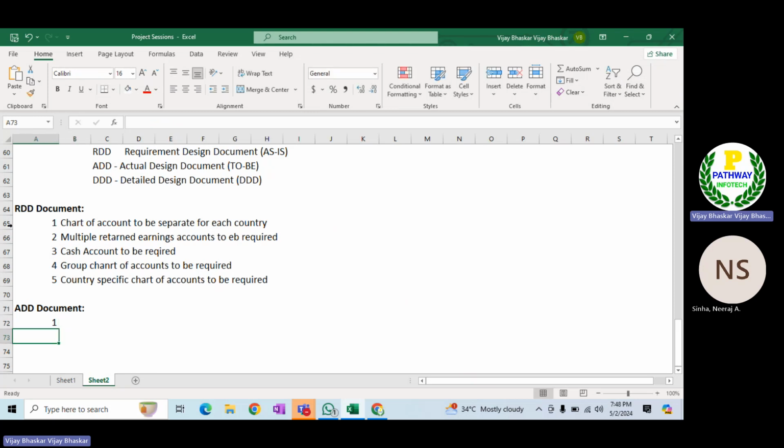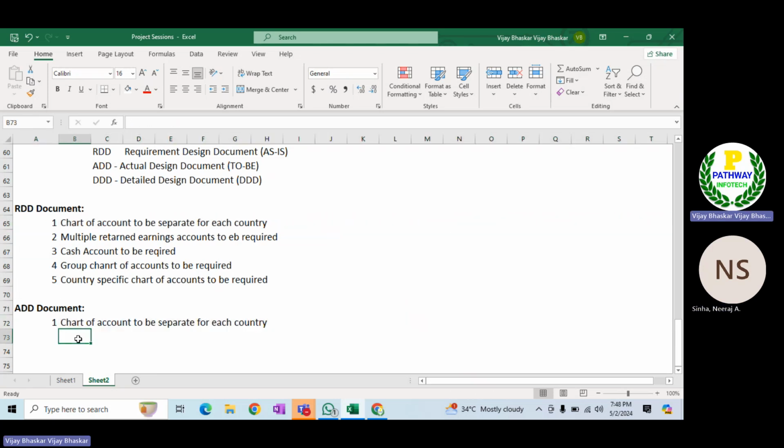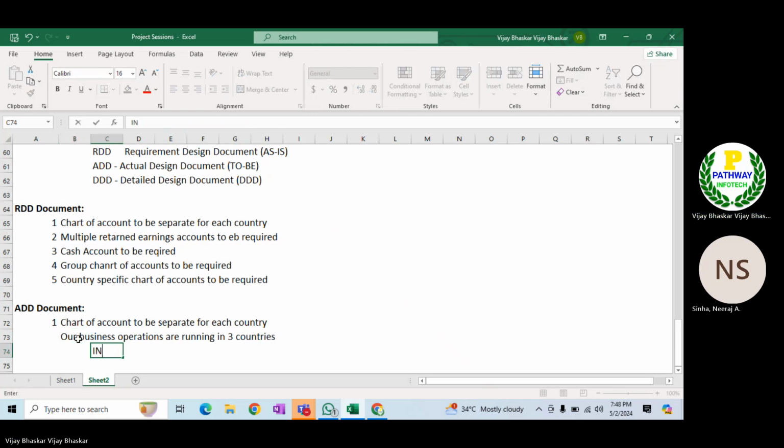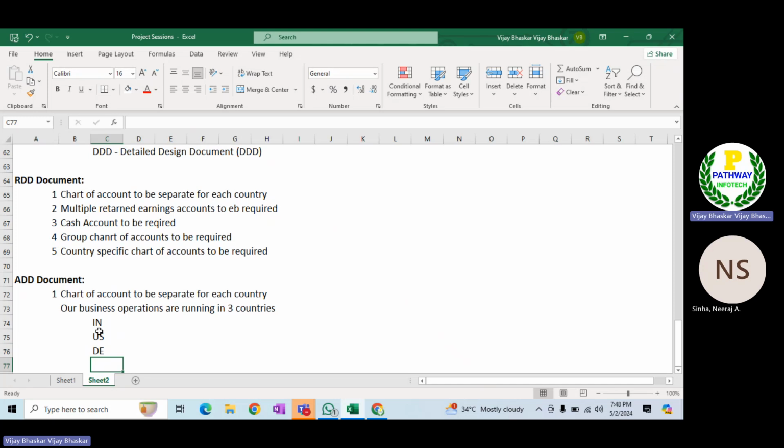Now in the ADD document, let's say our business operations are running in three countries: India, US, and Germany. For each country, let's say IN00 for the Indian chart of accounts, US00 for the US, and DE00 for Germany. This is the chart of accounts which I am going to define.